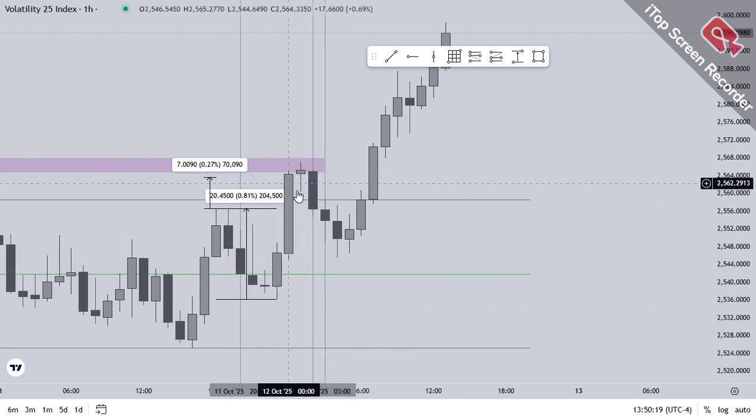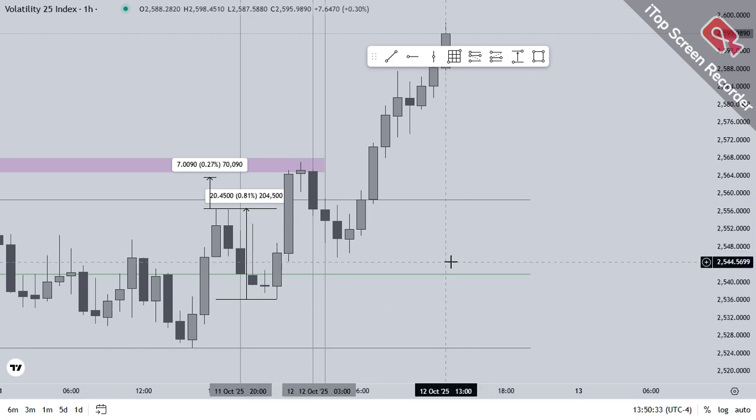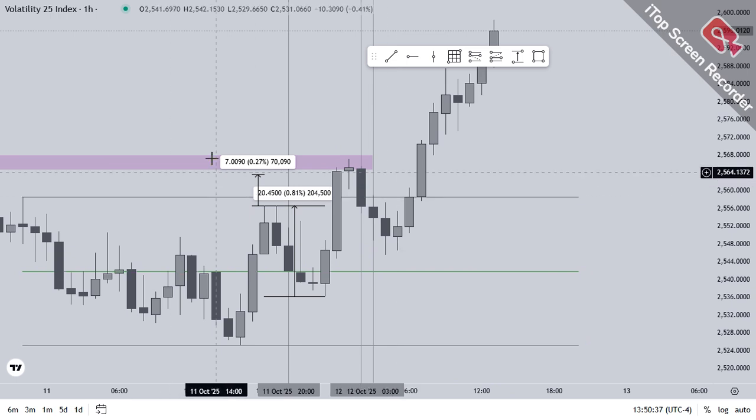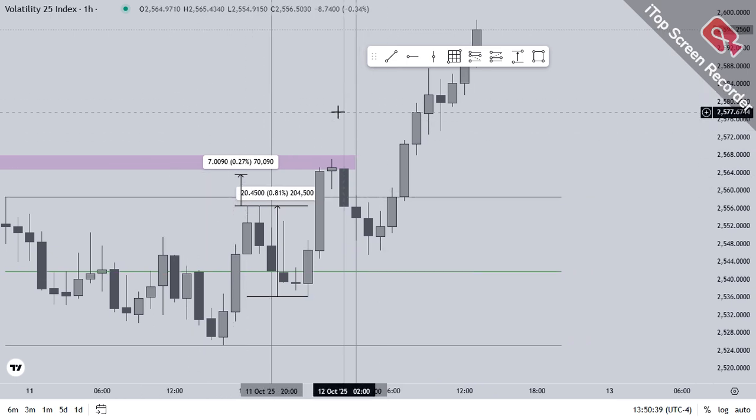Now, when we say we catch this sell, to what point? To at least the fill of this fair value gap and to this open close, because these are key zones, these are key areas.